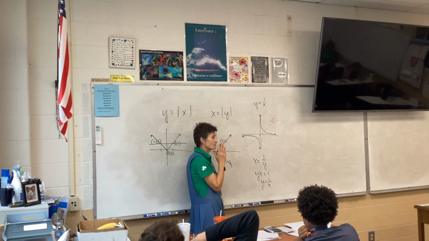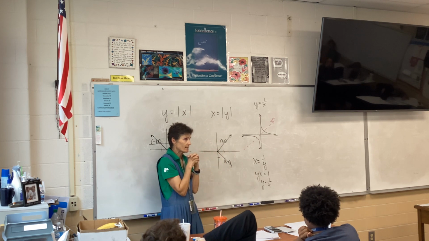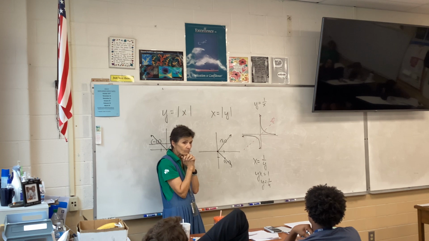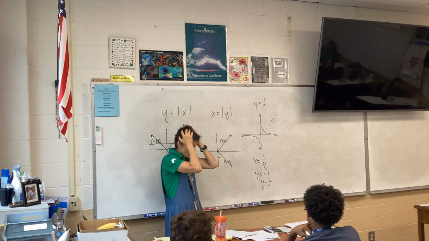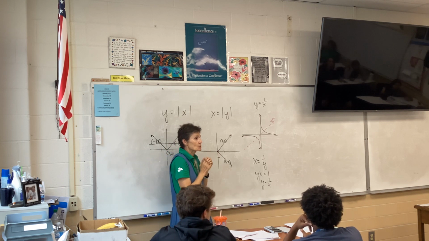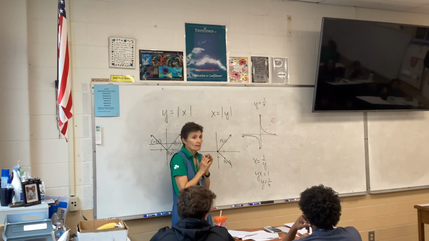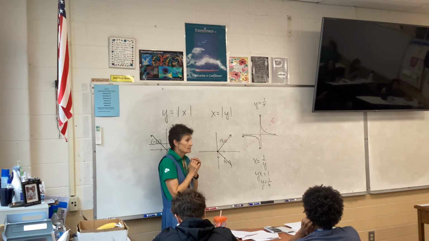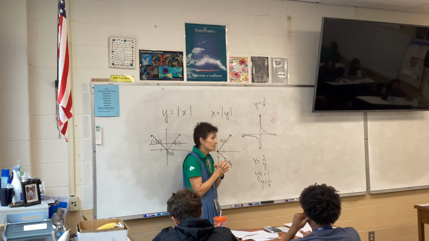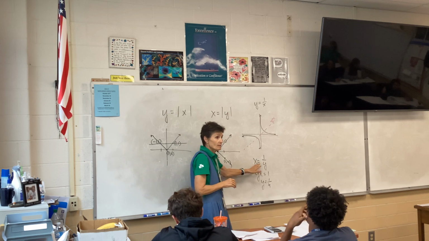What's the test of symmetry for the identity line? Switch the x and y. And then check to see if the same equation comes out. Isn't that what we did here?